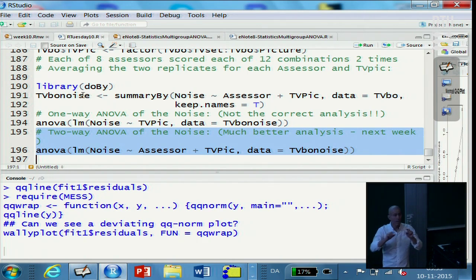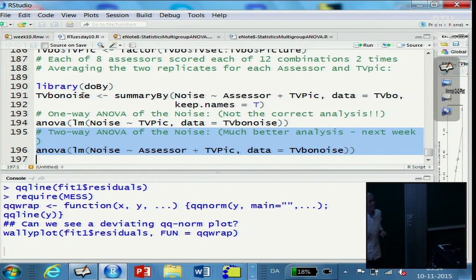So I had 12 combinations of TV and pictures, yes, but I also had the same 8 assessors or panel members, the people actually making the evaluations on this. They also were used again and again, just like this paired t-test thing. It is the same assessors that go in all the treatments. So actually I have 12 times the same set of 8 assessors used for all the products.